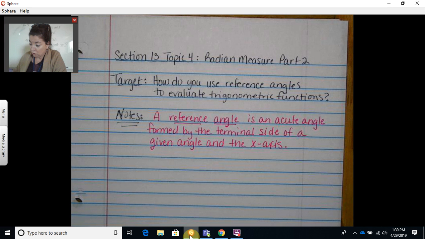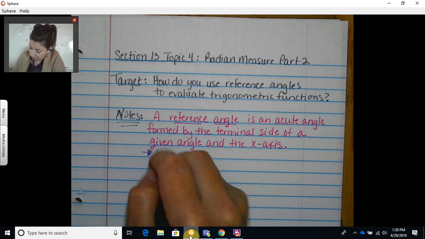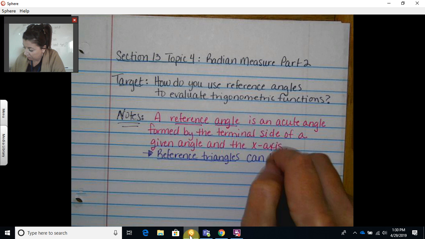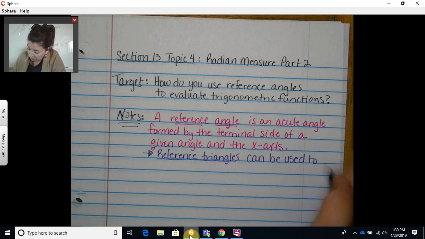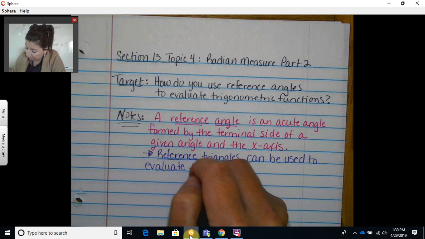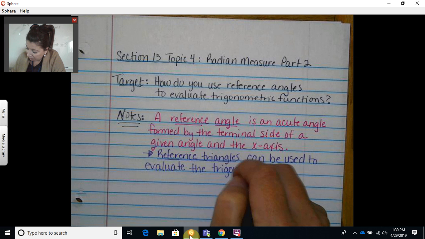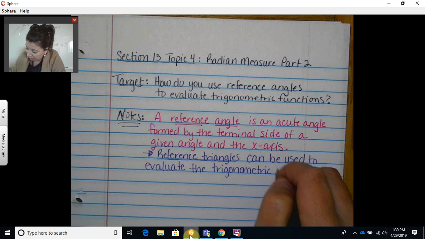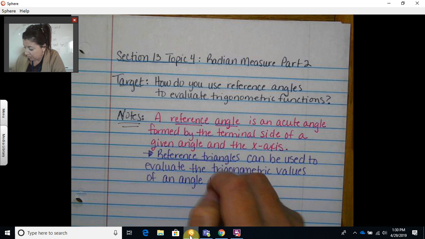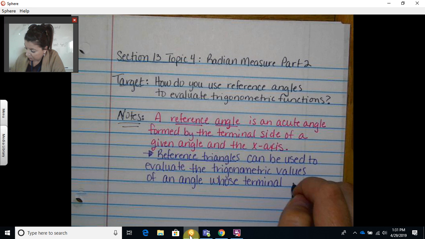Reference triangles can be used to evaluate the trigonometric values of an angle whose terminal side is not in quadrant 1.